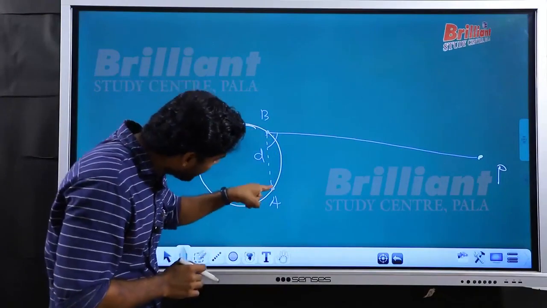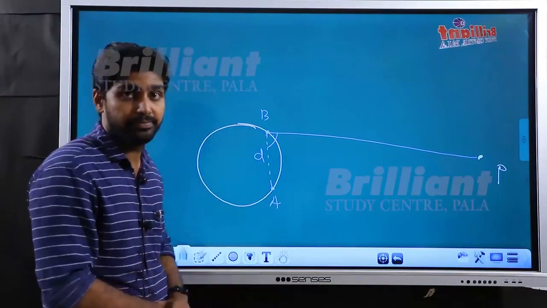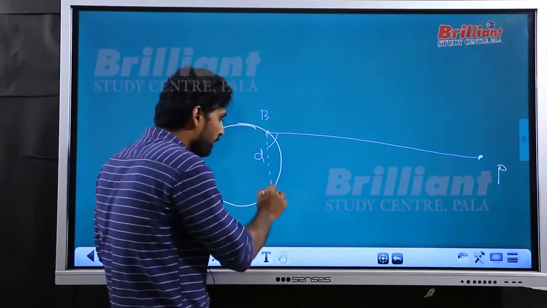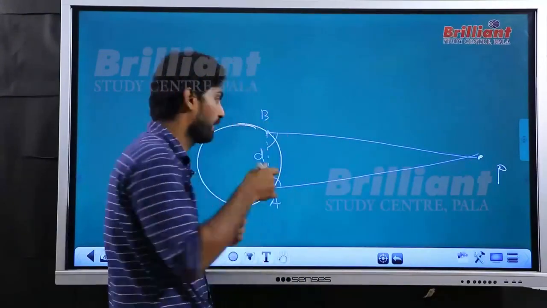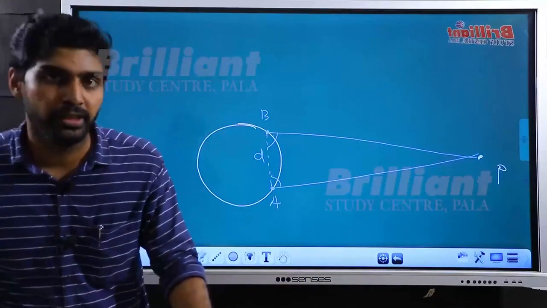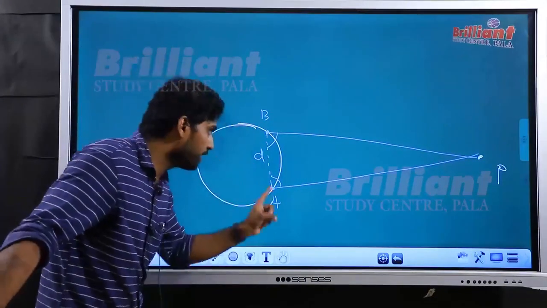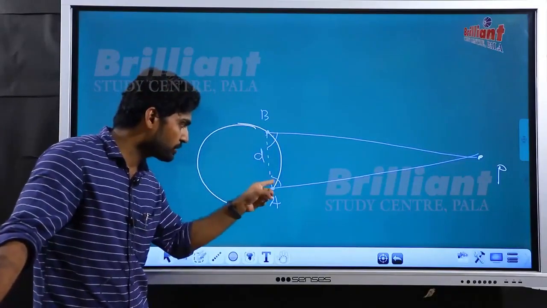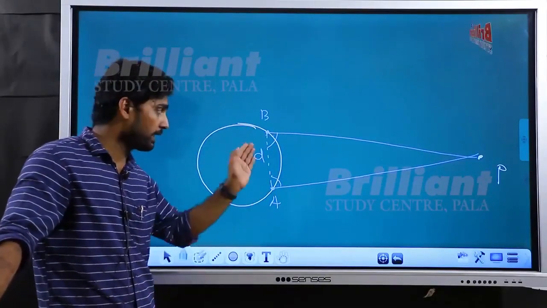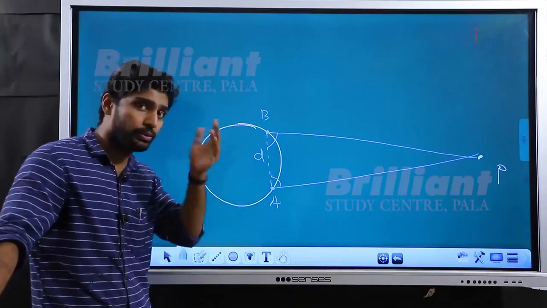Now again we'll make the same observation from A. If we are observing from A, we'll have to look at this particular line, so the angle is this. Again, that angle can be measured. So we are observing the same planet from B and A, and we are going to measure the visual angle with D at which we'll have to observe.